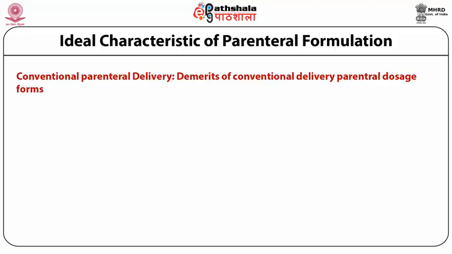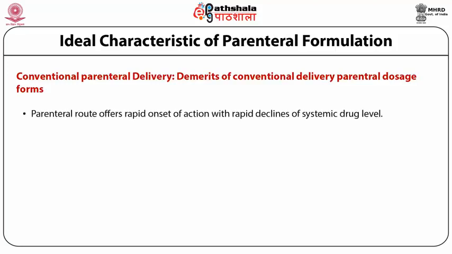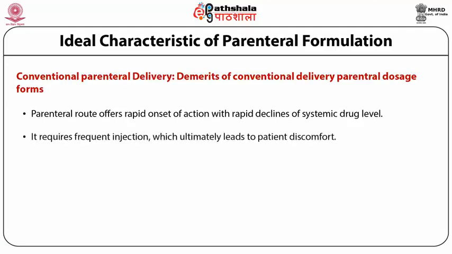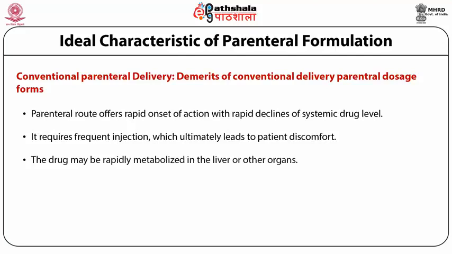These demerits can be understood as: number one, the parenteral route usually offers a rapid onset of action, but this is also associated with a rapid decline in the systemic drug level. The other important thing to remember is that it requires frequent injection, which ultimately causes a large amount of patient discomfort.